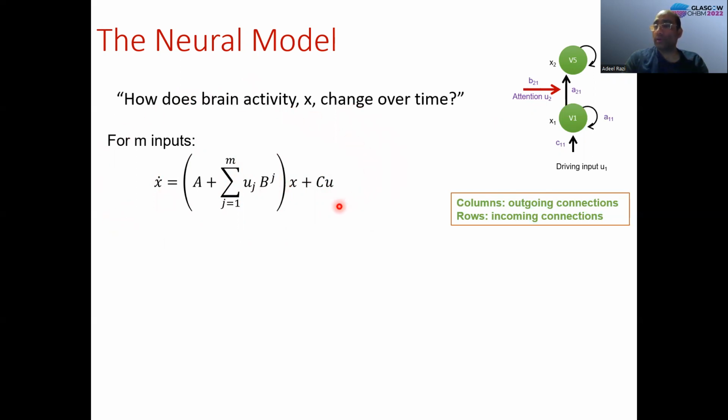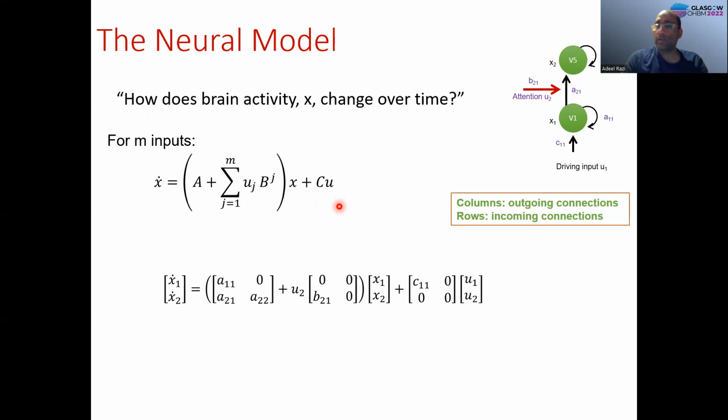And this is what the usual DCM formula looks like. For this specific model, the A matrix would have the parameters A11, A21, A22. Then we have one modulatory input, U2, and one external input U1, and that's how we write down this formula here.